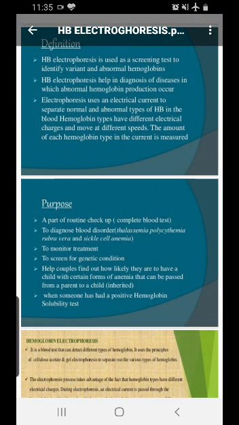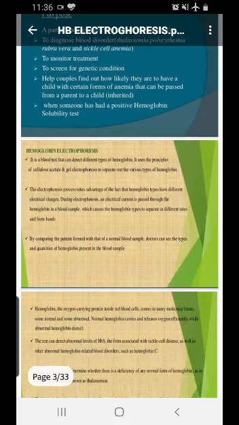So how does the electrophoresis act? It uses an electric current to separate normal and abnormal hemoglobins in the blood. It is basically a blood test that can detect various types of hemoglobins. It is based on the principle of cellulose acetate and gel electrophoresis.